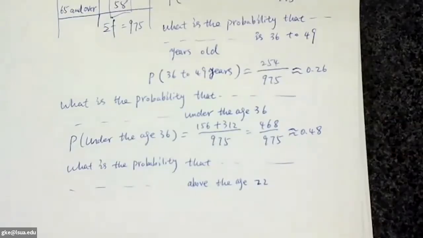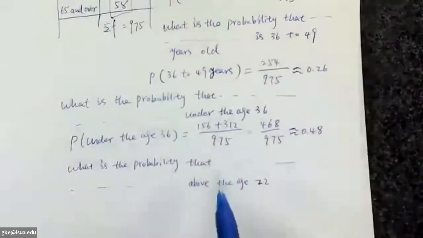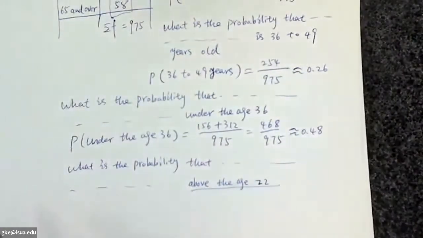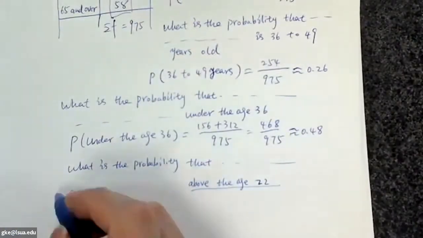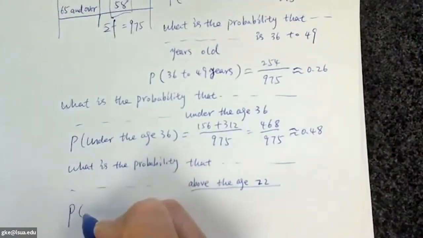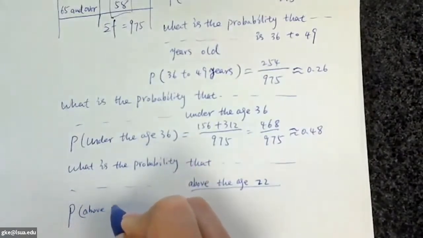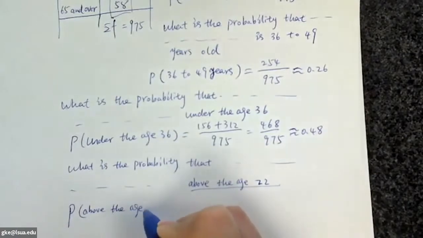Okay, I got 0.84 also. Great, great. Okay, I'm gonna write down the answer on the board. So be careful here. It is above the age 22.